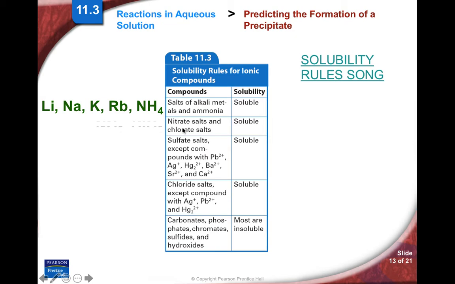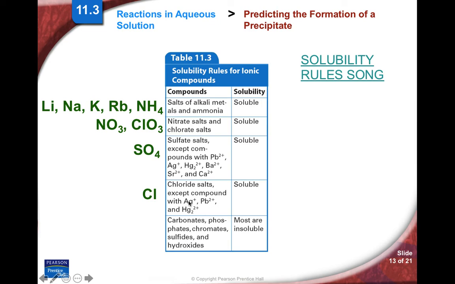Any salts with nitrate and chlorate are also soluble. Remember they both have -1 charges. Sulfate salts, that would have a -2 charge, is often soluble, but not always. There's some exceptions. Chloride salts are mostly soluble.